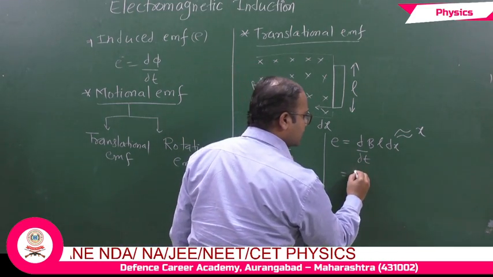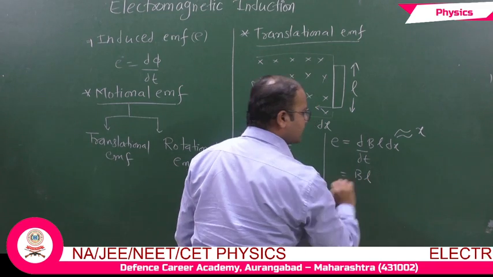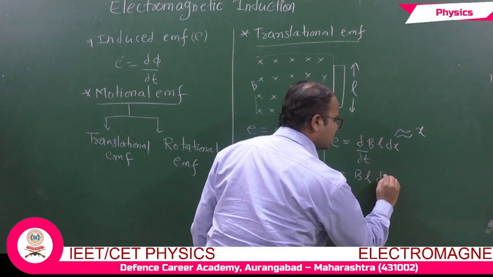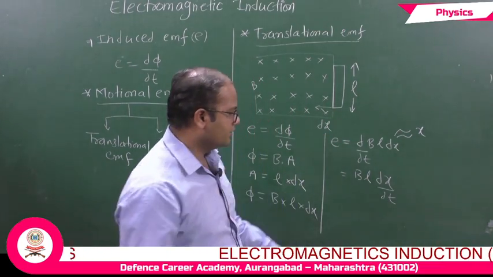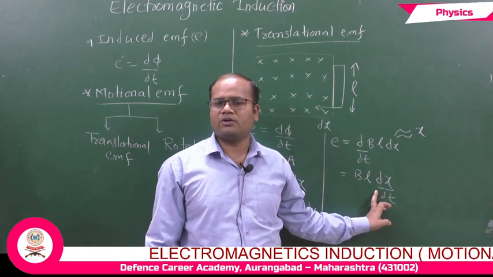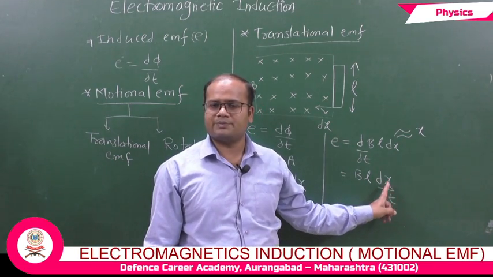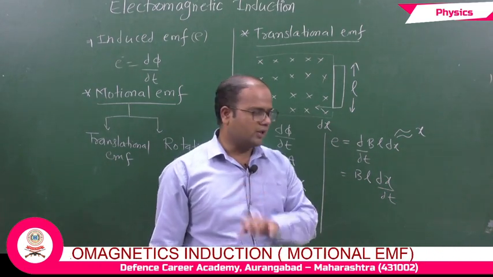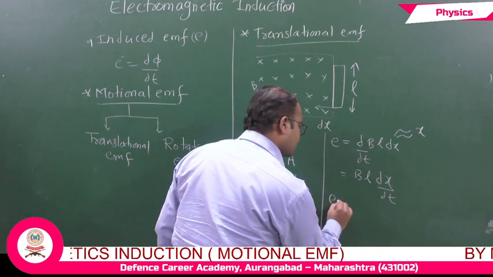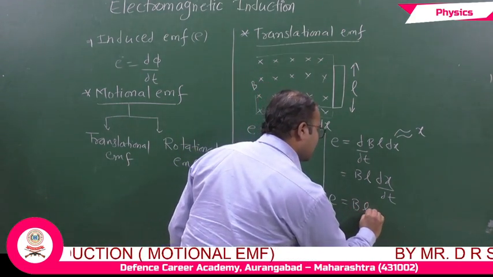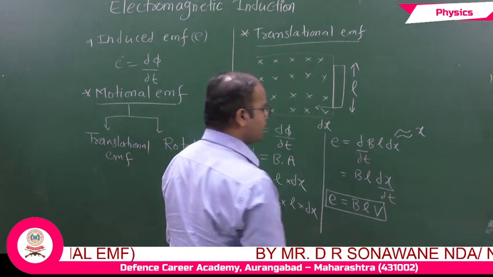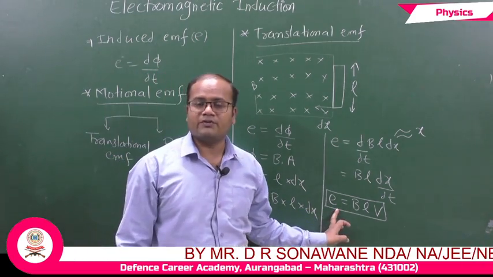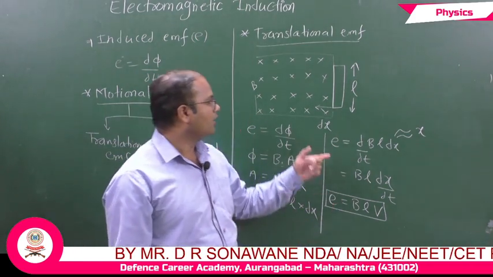So here B is constant, length of conductor is also constant, and here we can write dx by dt. But we know that rate of change of displacement, or change in displacement upon time, is nothing but the velocity. So for that we can write B L into V. Here we get the equation for motional EMF in translational motion.